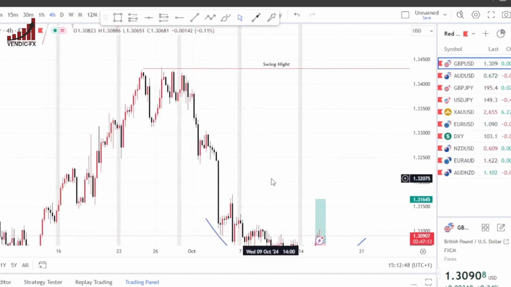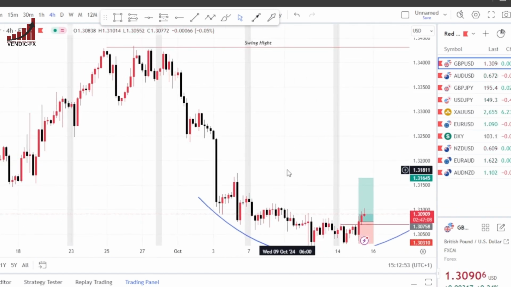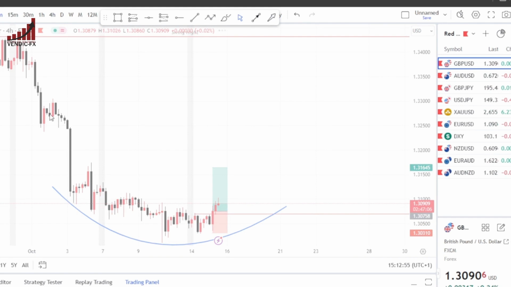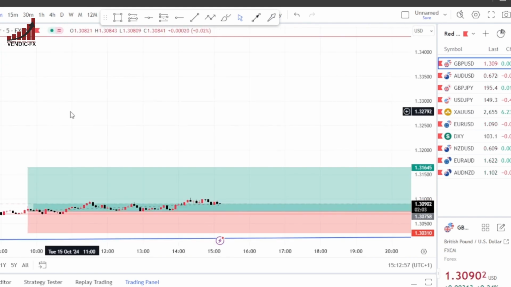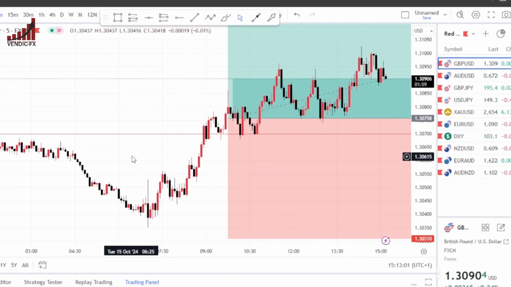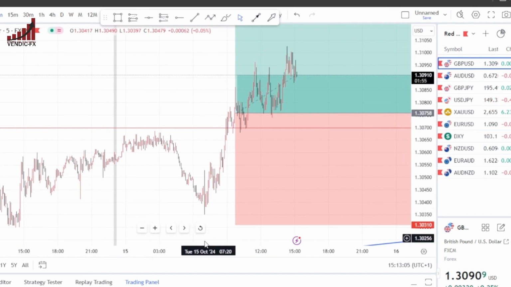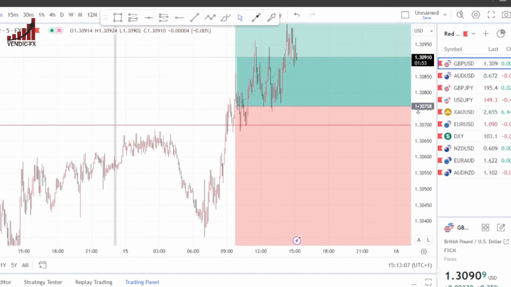Another thing we want to talk about is swing high and swing low. At a particular time frame, the market always tends to create equal highs, swing highs and swing lows of that particular line. Let's say we are in 5 minutes and this is today's chart.